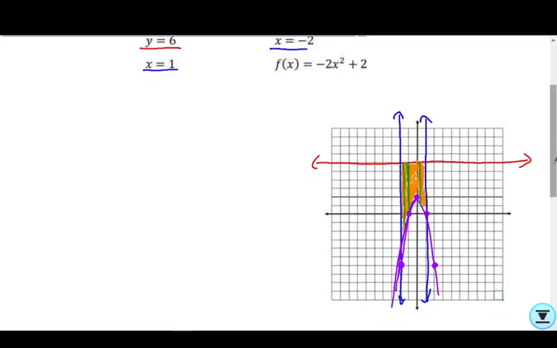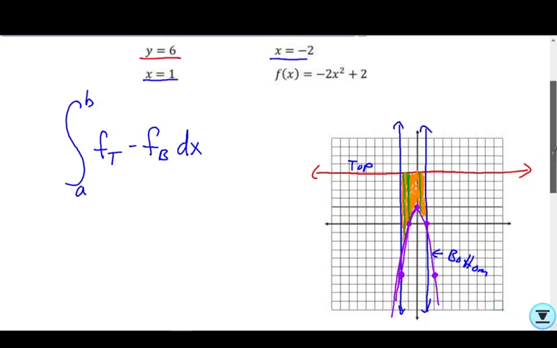Since I'm using vertical strips, I'm using this equation: function top minus function bottom dx. And y equals 6 is my top function, and the quadratic is my bottom function.